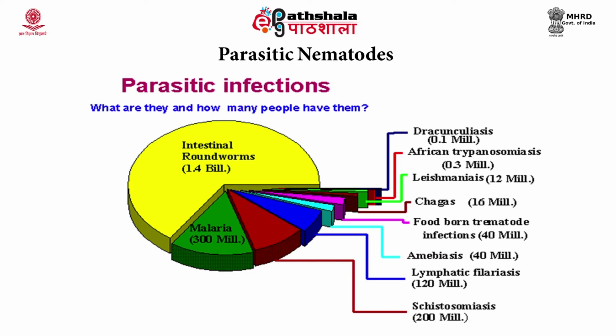The pie chart clearly shows that the intestinal roundworms are affecting the major chunk of population, reaching around 1.4 billion.